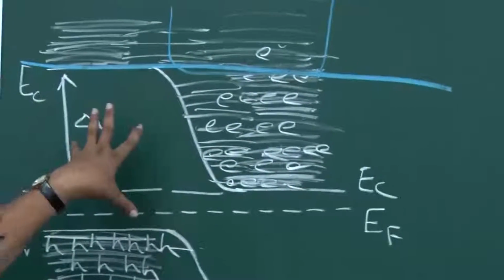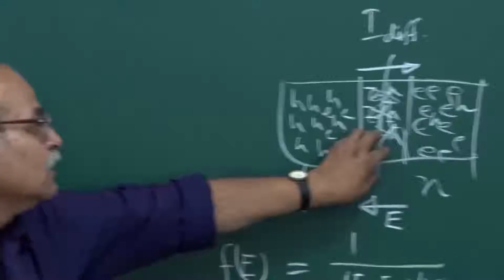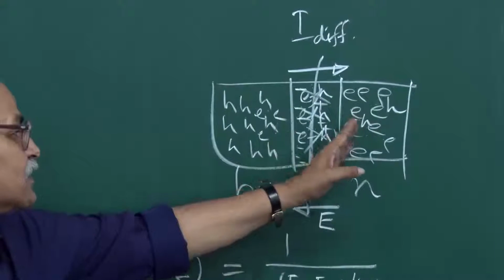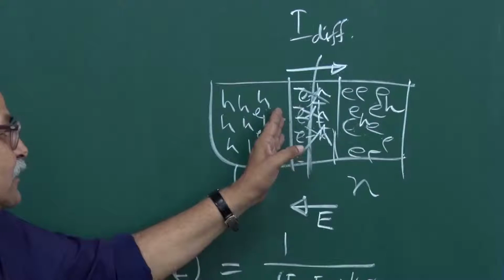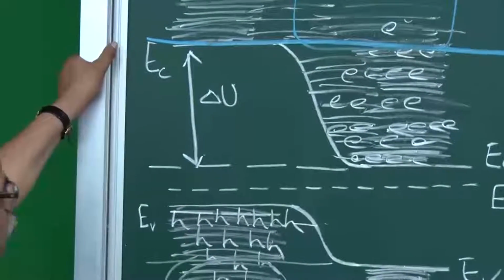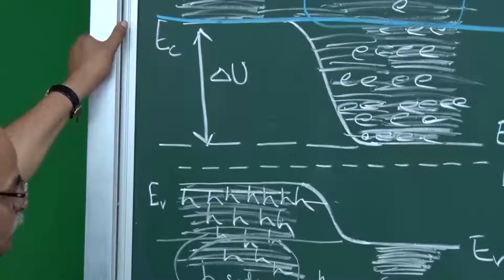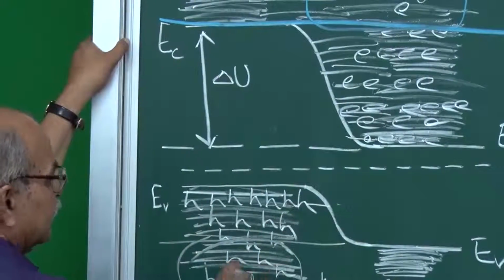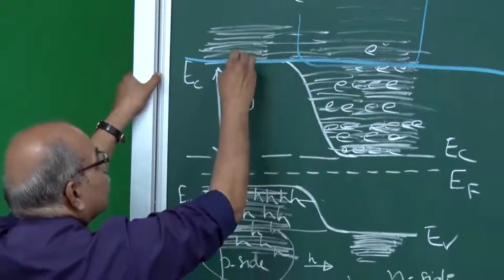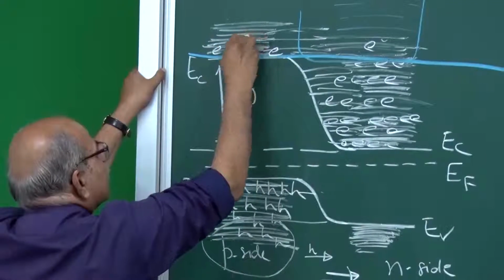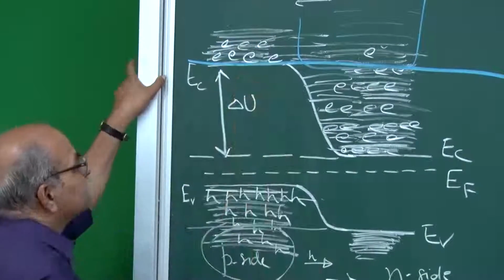If there are minority carriers in the depletion region or close to the depletion region, somewhere here, let us say these are generated, suppose it is generated here, then it diffuses into the depletion layer and then this electric field takes over. So if you think of those minority carriers, this is p side here, so a lot of holes are here and some electrons are there, and where are they sitting? These electrons are sitting in the conduction band, right?